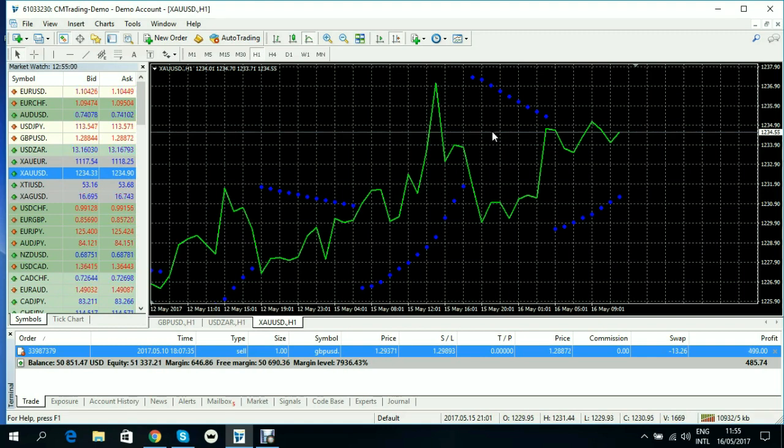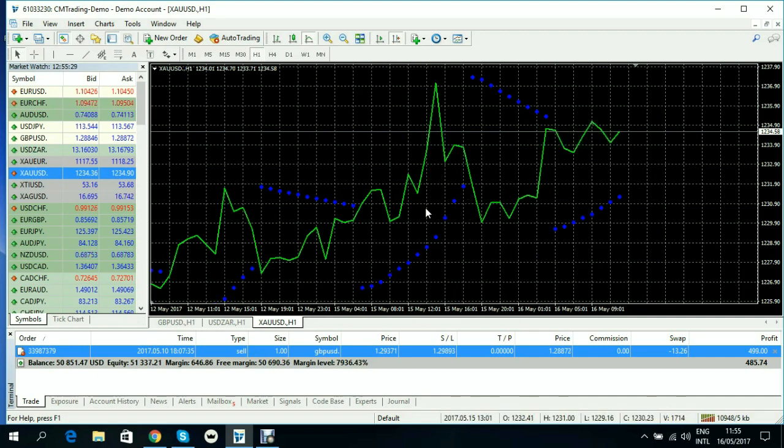Now let's look at the Parabolic Sar, which will help us to be able to identify where a trend ends, and with good timing entries and exits. So these are the dots here.